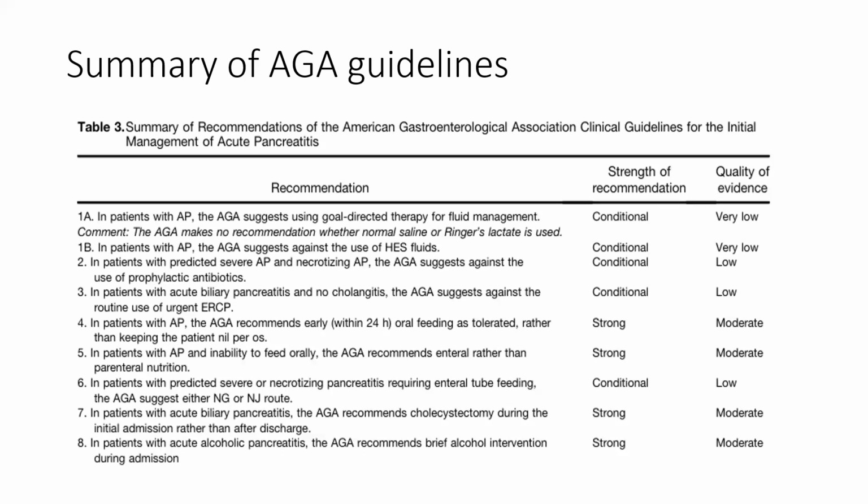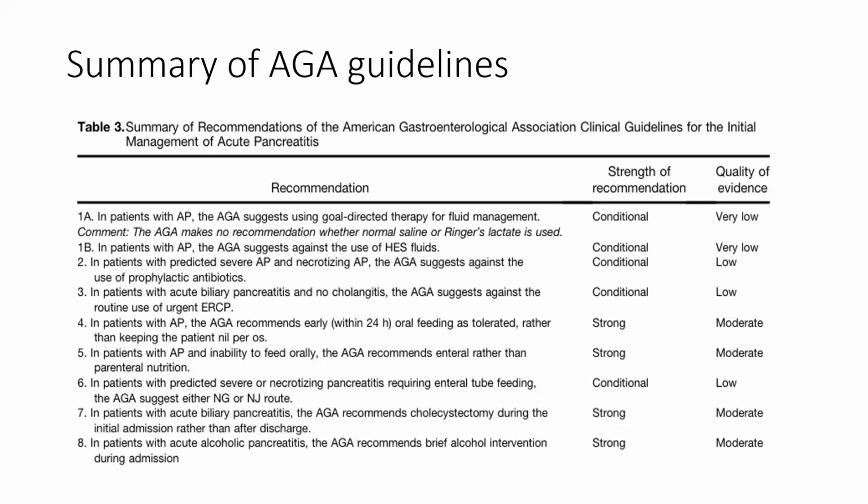In patients with acute pancreatitis, AGA recommends early oral feeding as tolerated rather than keeping the patient nil by mouth. In patients with acute pancreatitis and inability to feed orally, AGA recommends enteral rather than parenteral nutrition. And in patients with predicted severe and necrotizing pancreatitis requiring enteral tube feeding, AGA suggests either NG or NJ route.